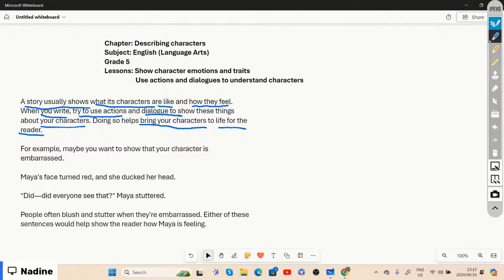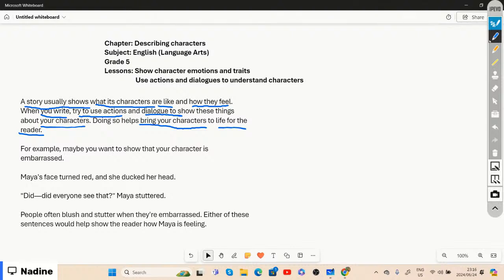right? Another thing can be where we, for example, when it comes to dialogue, right? We can then, for example, say, "Did everyone see that?" Right? Especially when it's in inverted commas. Remember, especially when it comes to dialogue, inverted commas means that somebody is directly saying something. It's not like where the narrator, who is the person writing the story, is, for example, saying that Maya does something.